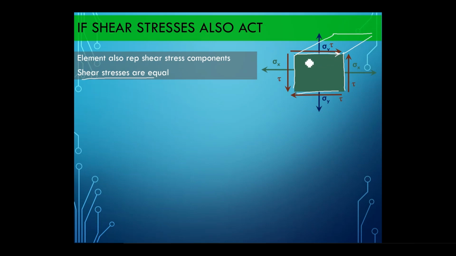Now, can you say sigma y is equal to sigma 2 which is the minor principal stress or sigma x is equal to sigma 1? कह सकते हैं आप? Yeah, I think so, sir. कंडीशन क्या थी?